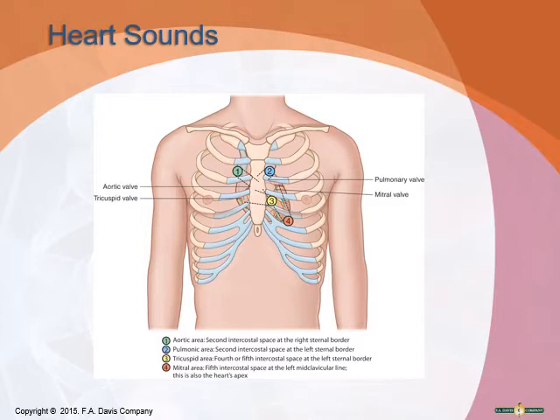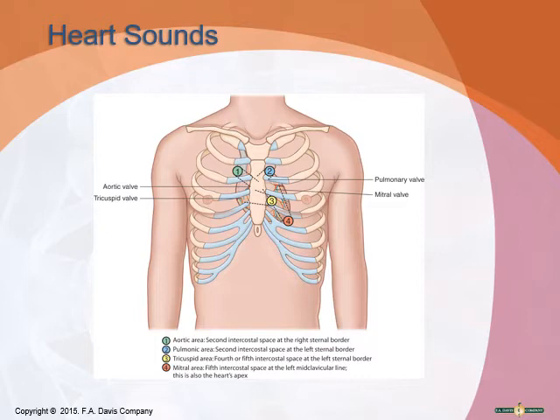First, you have the aortic area. This is positioned in the second intercostal space between the second and the third rib, to the right of your sternum. Then the pulmonic area, also in the second intercostal space, but on the left side of the sternum.